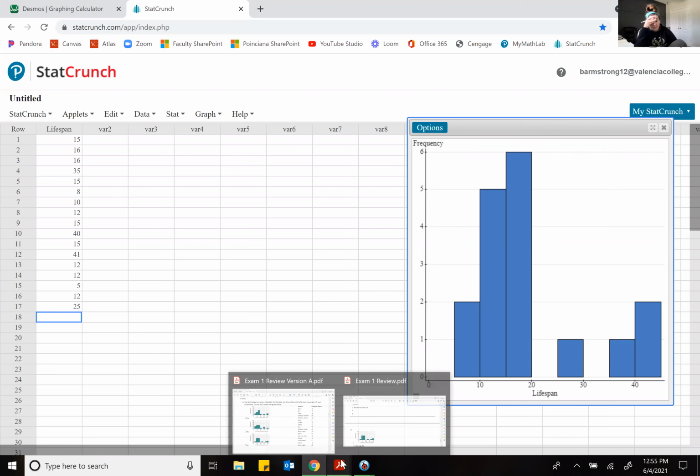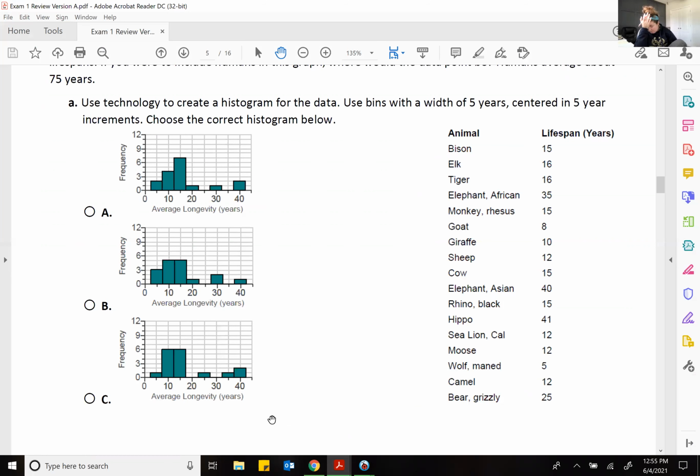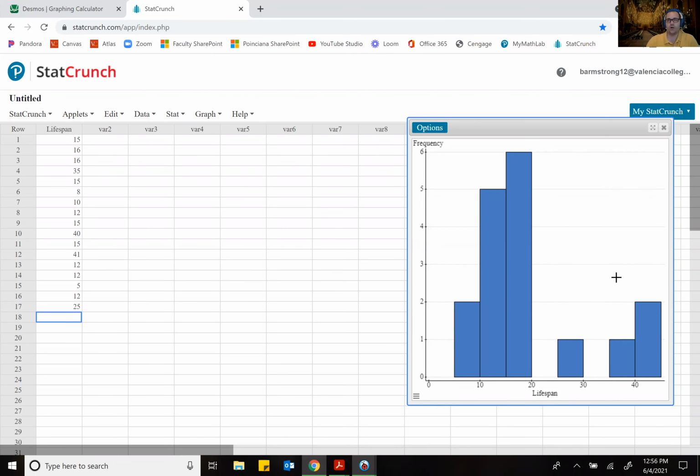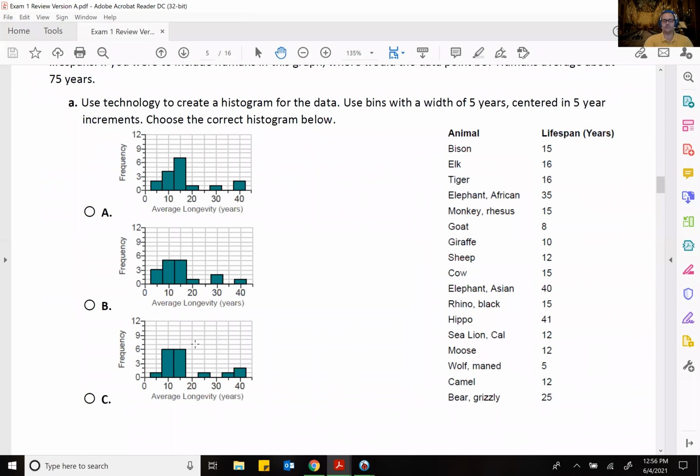I would say C. And I agree that it is C. Yes, these 2 bars are even, but remember, I did not center these bars. If I had centered these bars, these 2 would even up. So the answer is C.